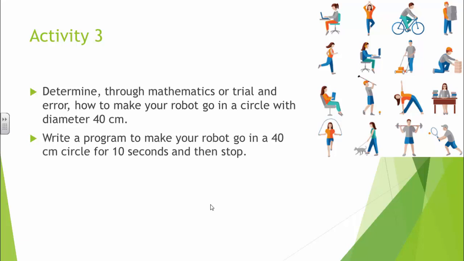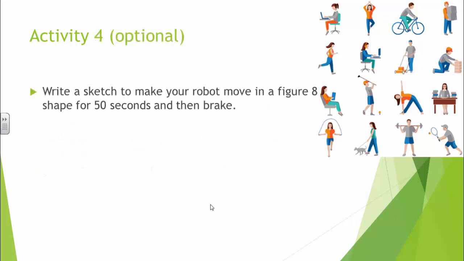And you can go ahead and start controlling the robot itself. Make it run in a 40 centimeter circle for 10 seconds and then stop. Okay, now on the extension side, you can start to get a feeling for how to control your robot. Try to make it move in a figure 8.